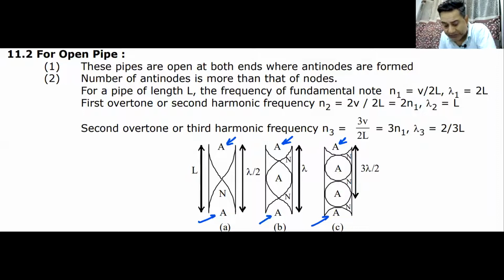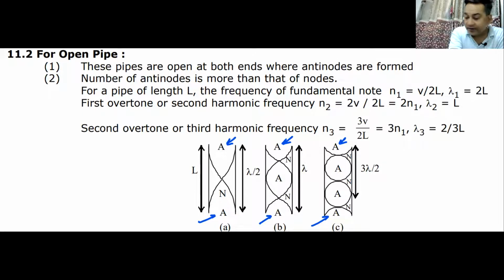But we had also seen that, whether the pipe is open or closed, the antinode does not occur exactly at the end. Do we remember this? It occurs slightly outside, and we add one end correction to the length of the pipe.